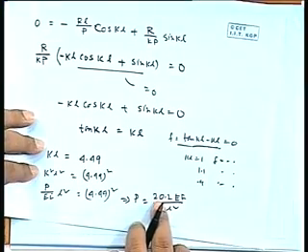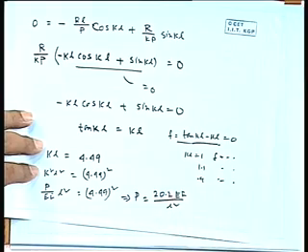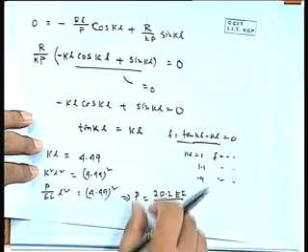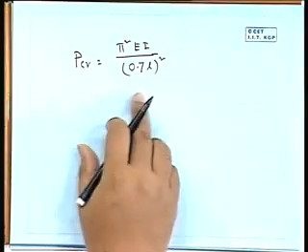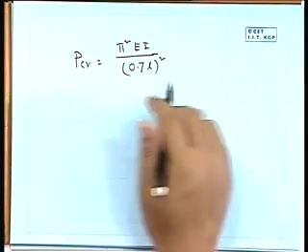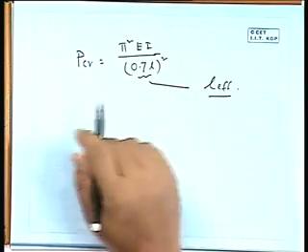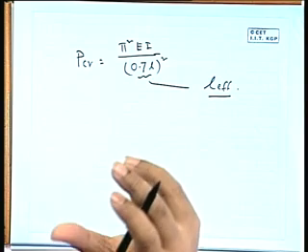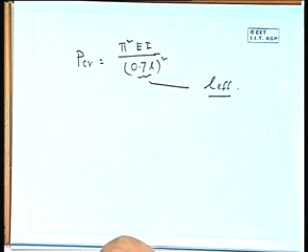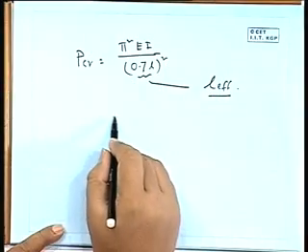So 20.2 divided by pi square, if you work it out you will get about 0.49 or something. So that if you put in the bracket, it is 0.7. So what is this? This is basically L effective. Now L effective here it is how much? 0.7 L, right.